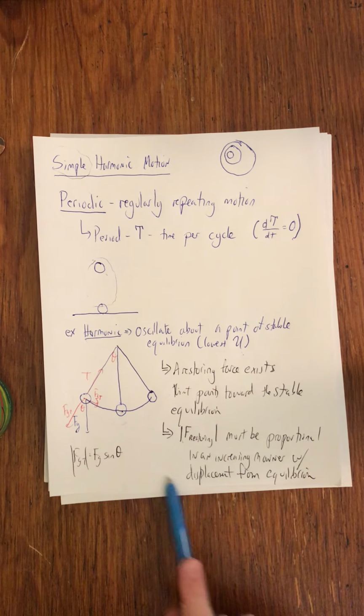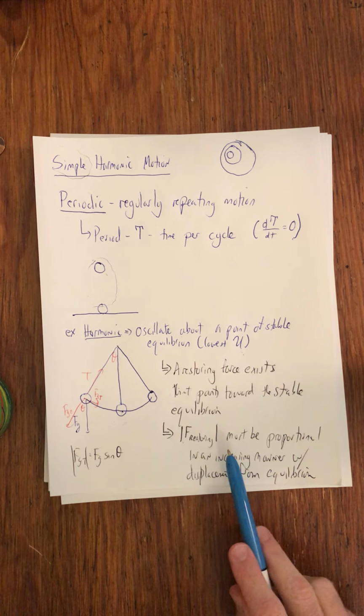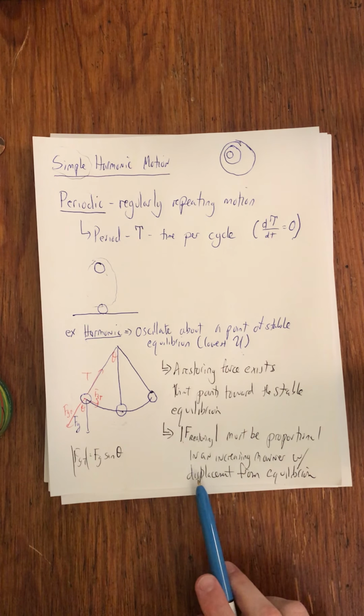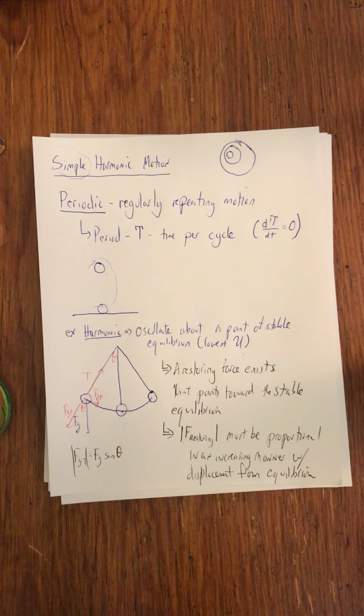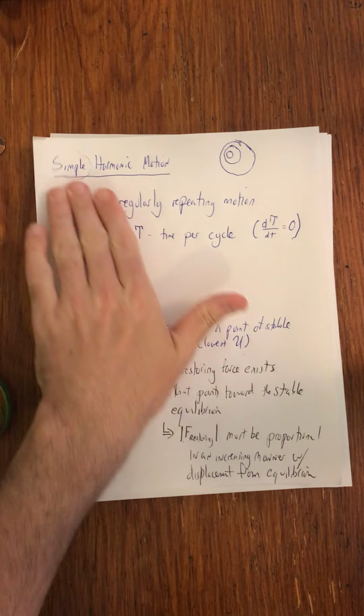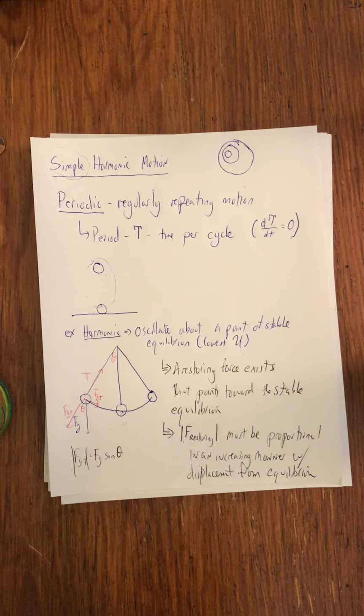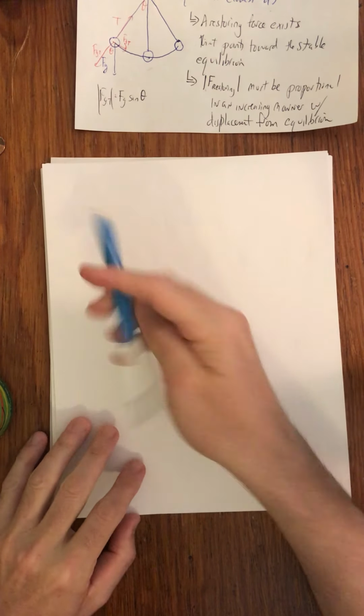Well, let's go down here where we said that the restoring force must be proportional in an increasing manner with the displacement from equilibrium. Okay, well, what is the simple increasing relationship?